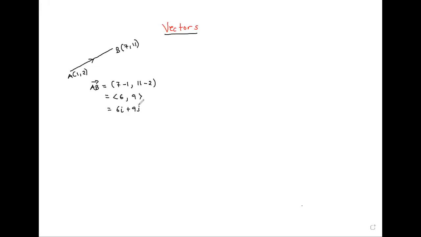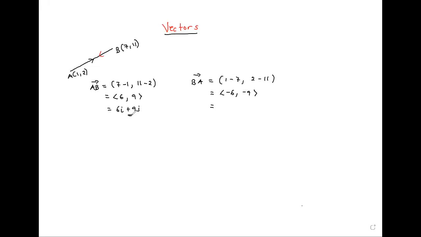If the direction was to change, then our vector will also be written as BA. How do they relate? Let's see. We'll have 1 minus 7, 2 minus 11, giving us the vector -6, -9.